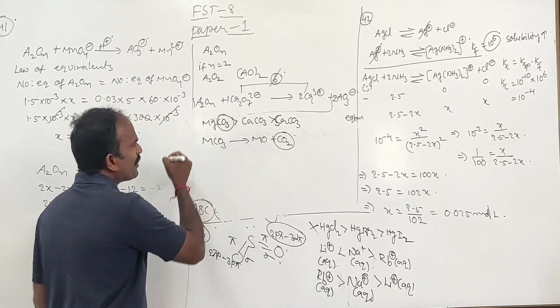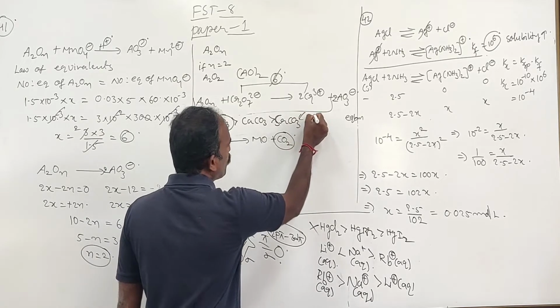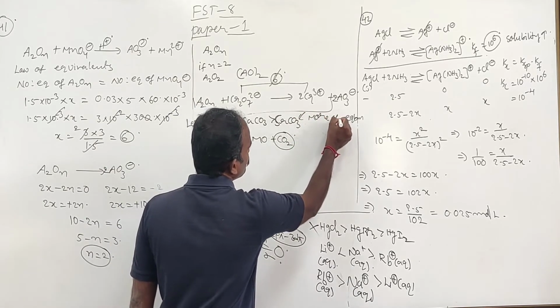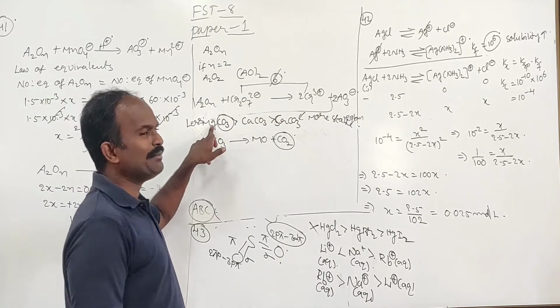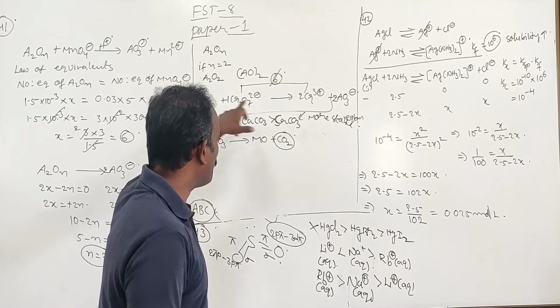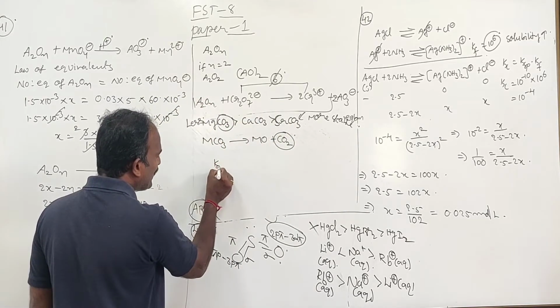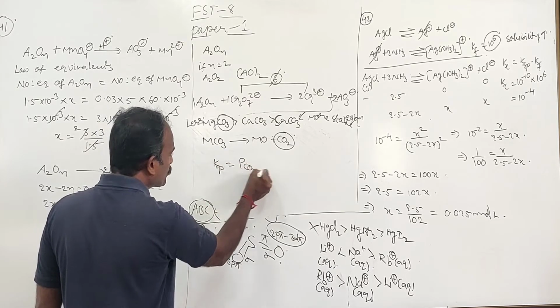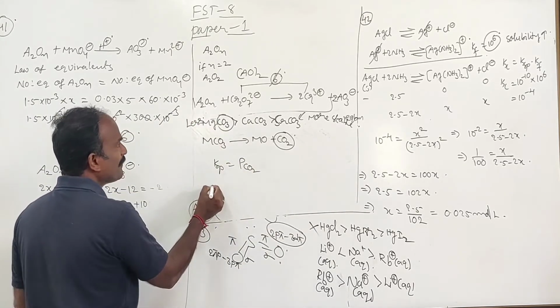Definitely magnesium carbonate is less stable. This is going to be more stable. So at the same temperature, from MgCO3 you will get more carbon dioxide when compared with SrCO3. For this reaction, Kp is nothing but the partial pressure of CO2. Now where is the partial pressure of CO2 more?